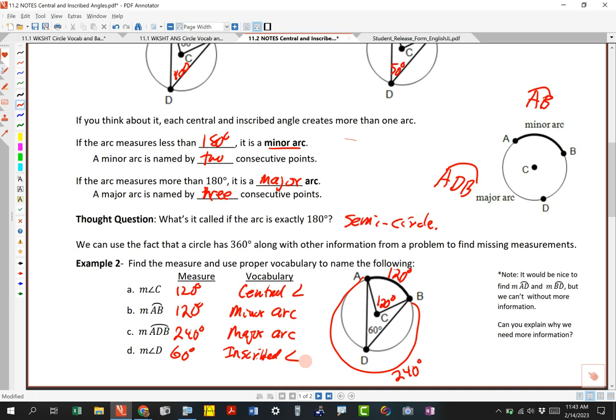Mason asked a second ago, hey, I kind of buy your argument about the fact that this is going to be half the intercepted arc because it's an inscribed angle. Twice as far makes sense as if it's over here, but Mason, if I moved it over here, was that kind of your argument? Okay, if you think about it this way, and I can't do this on the screen, but I can do it up here. It's like this, right?